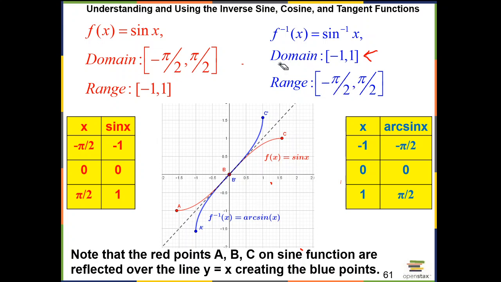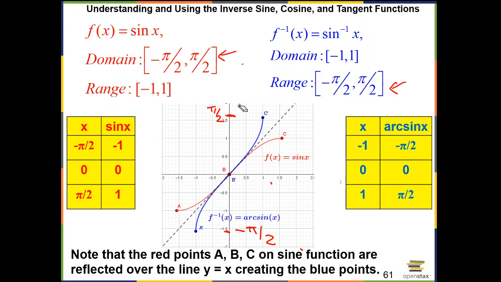Remember, we didn't restrict the range, we restricted the domain. So the range of sine becomes the domain of sine inverse, and the restricted domain of sine becomes the range of sine inverse. Notice the sine inverse goes from pi over 2 to negative pi over 2.